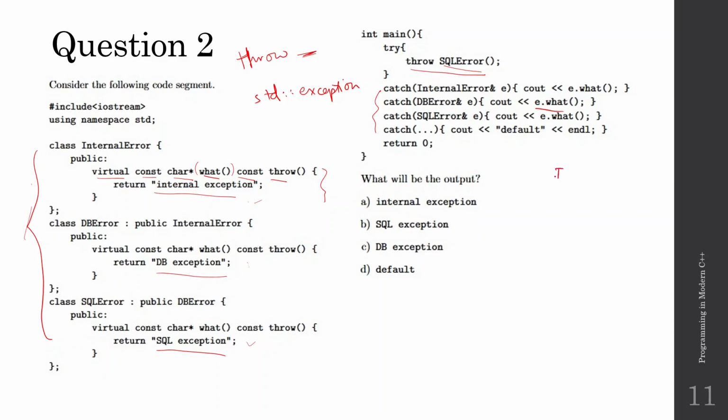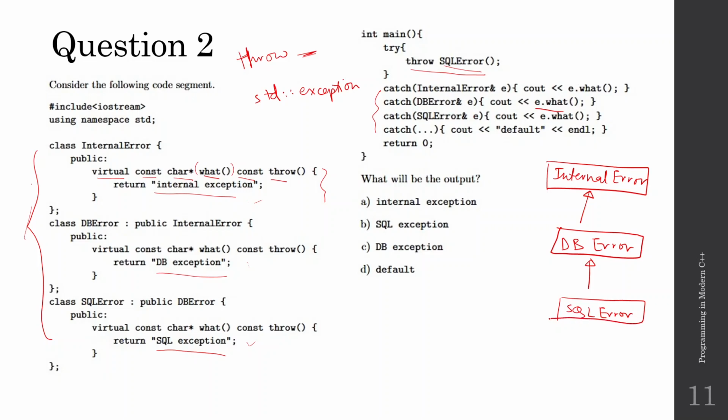First we have internal error, then we have DB error, then we have SQL error, and as you know, in the catch blocks, upcasting is allowed.